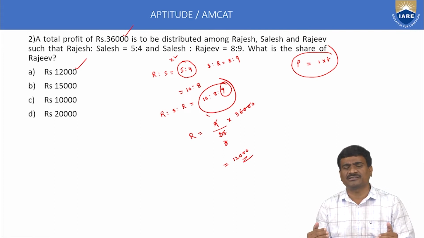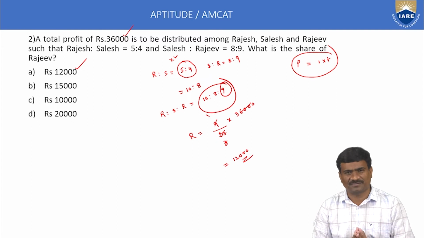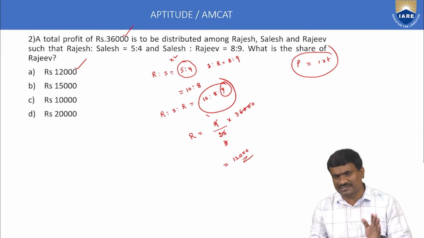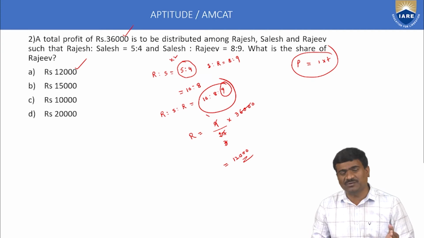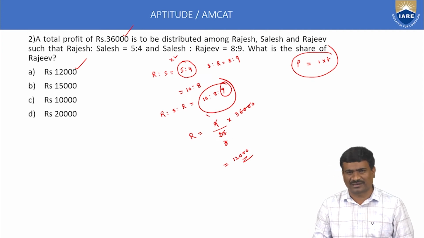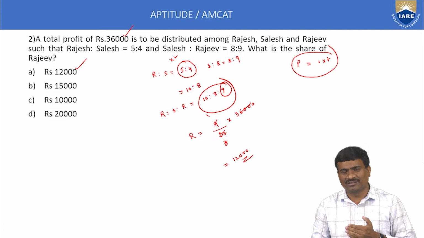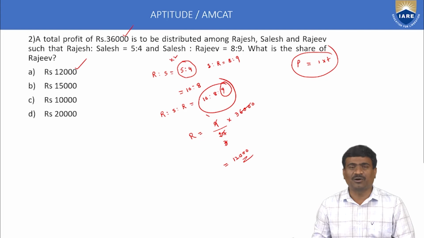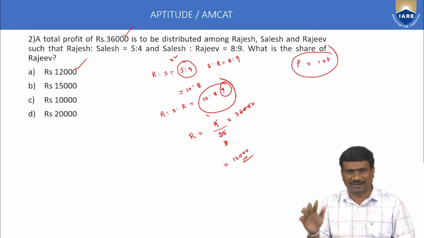Similarly, calculate Saleh's share of profit or loss. By the principle, Saleh's share is equal to 8 by 27 into 36,000, and so on. This is about the partnership topic procedure. In the partnership topic method, profit is equal to investment into time.